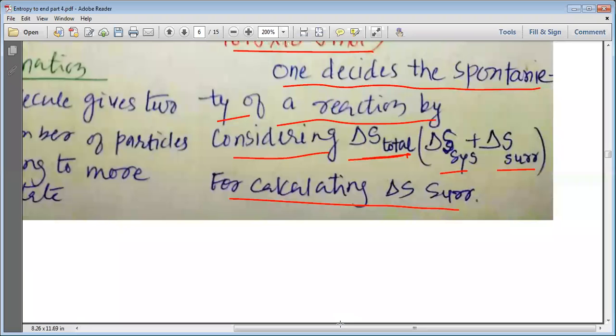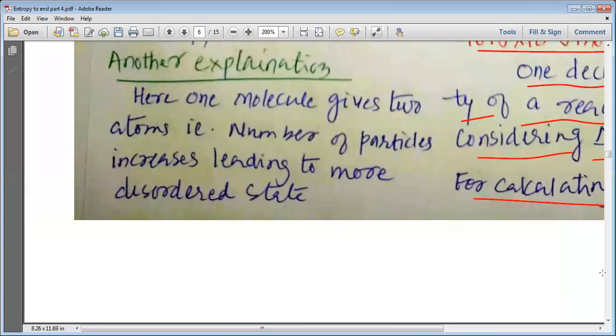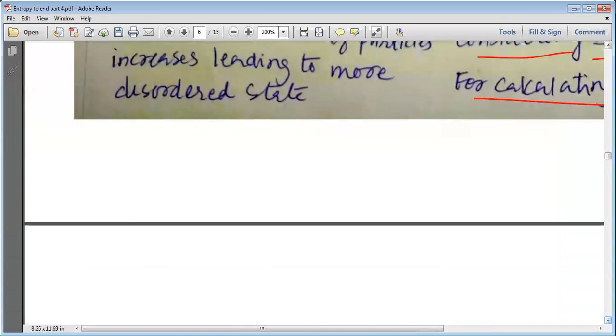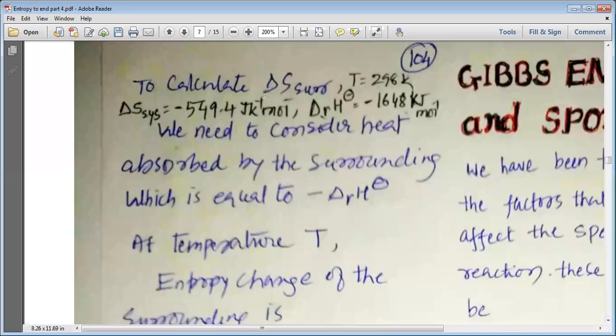Here we want to calculate the delta S surrounding because delta S system has already been given to us, at temperature 298 Kelvin, where delta S system is minus 549.4 joule per Kelvin per mole, and delta H reaction is minus 1648 kilojoule per mole. So by using this data, we need to calculate the delta S surrounding for this system.